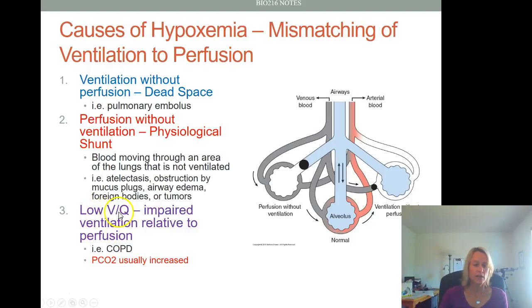With low VQ, we see hypoxemia, and we usually see over time, as it worsens, that PCO2 is usually increased. So with hypoventilation, I said we have hypoxemia with hypercapnia. With low VQ, we have hypoxemia, and then over time we also have hypercapnia.